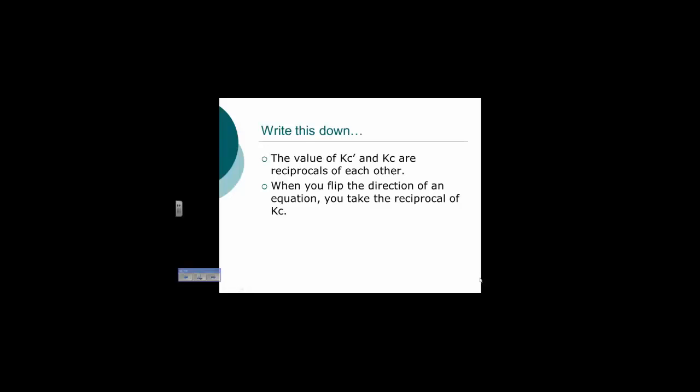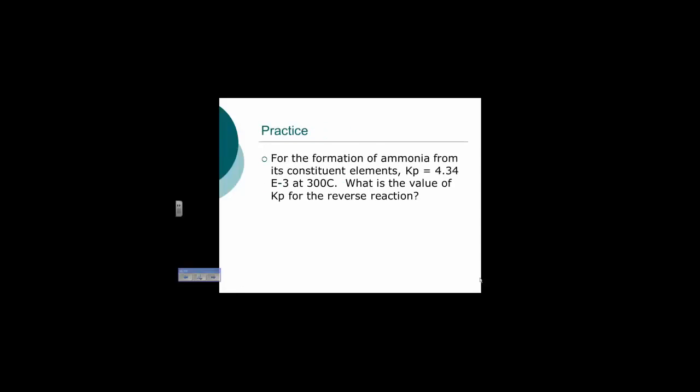Write that down. Let's put that into practice. Let's write the equation for the formation of ammonia from its constituent elements. Kp is provided as 4.34 times 10 to the negative third power at 300 Celsius degrees. What would Kp be for the reverse reaction?